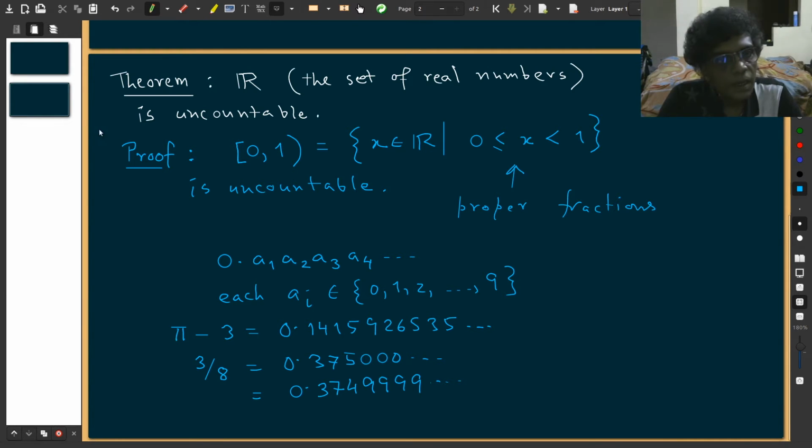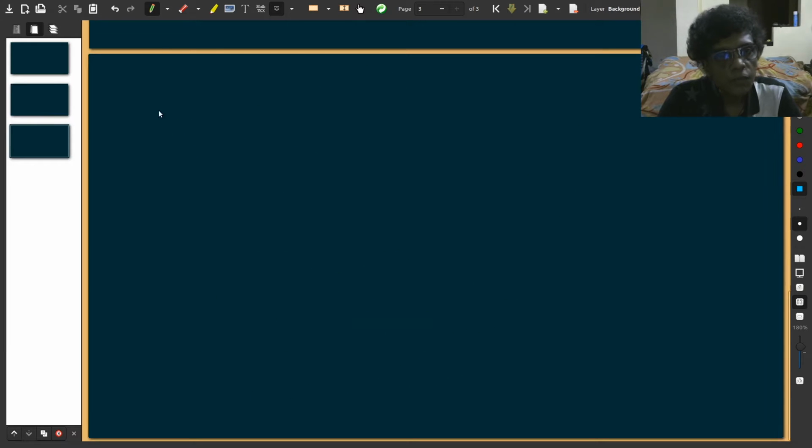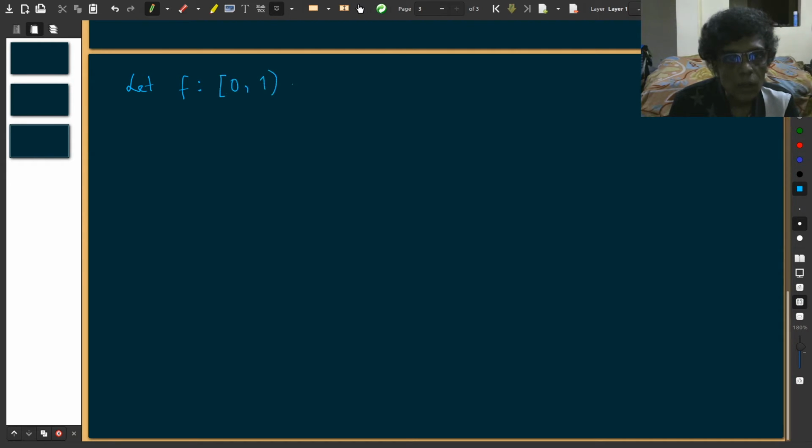So with this understanding, let me now propose Cantor's diagonalization proof. So this goes like this. Let f from this interval to N be any function, or if you want, you may make this function injective. Does not really matter.